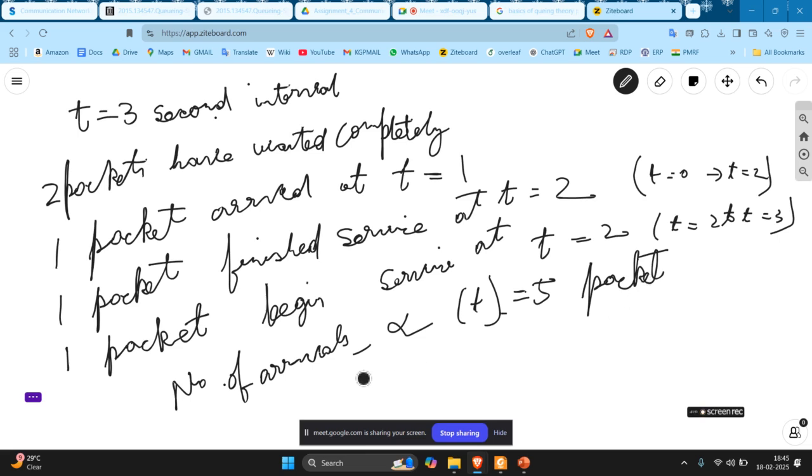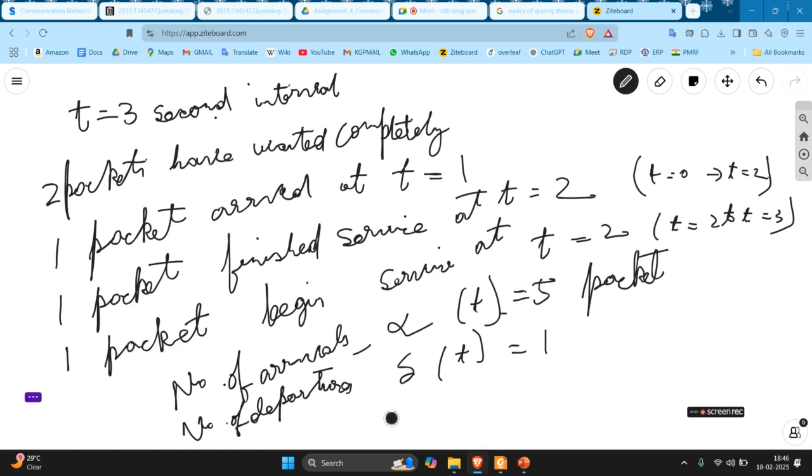And number of departures, just one packet exited service. So delta(t) equal to 1. And n(t), that is the number of packets still in the system.